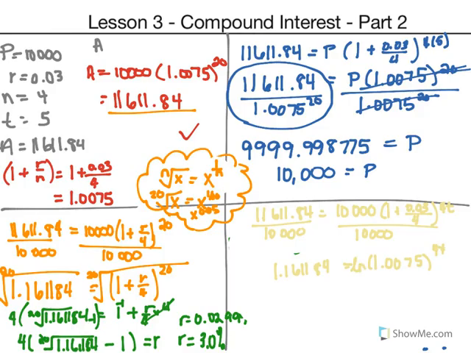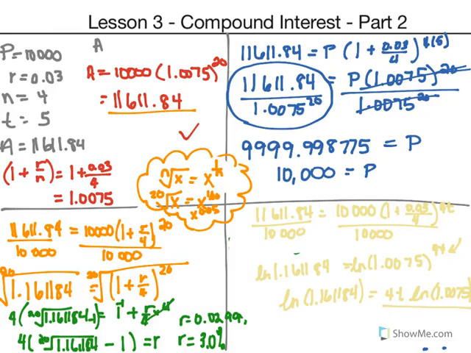Now we're going to take the natural logarithm of both sides. So we have the natural logarithm of 1.161184 is equal to, we can move the 4t to the front, so 4t times the natural logarithm of 1.0075.